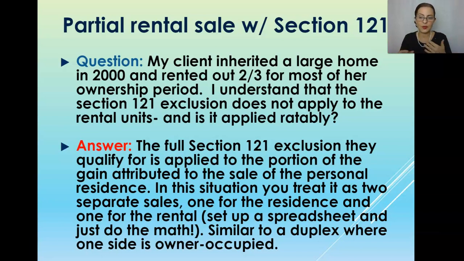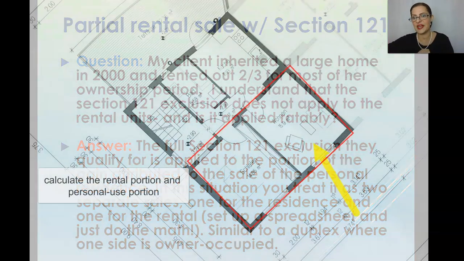And it's similar to where you have a duplex where one side is owner occupied and the other side isn't. Okay? And the way to do this correctly is you find out how much of the property was actually rented and how much of it was just personal residence. And in that case, you're going to have to tell the owner, go in there and do it with a measuring tape.